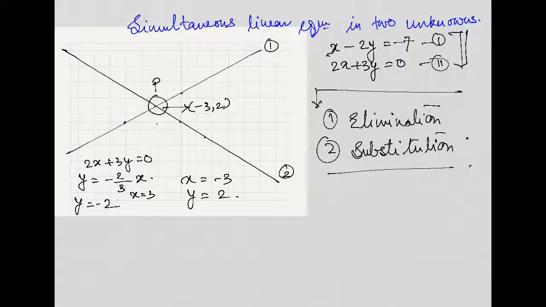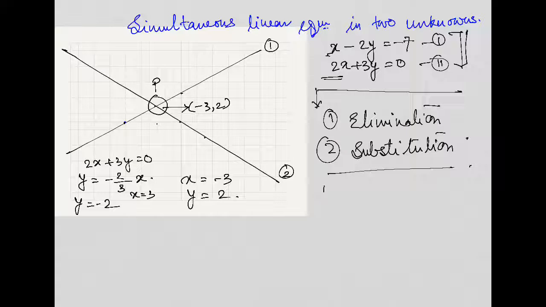Suppose in equation 1, if you multiply with 2, we make the coefficient of x the same as the coefficient of x in the second equation. Now if I subtract, x is eliminated and I directly find the value of y.